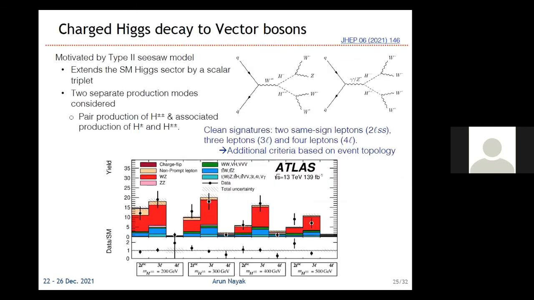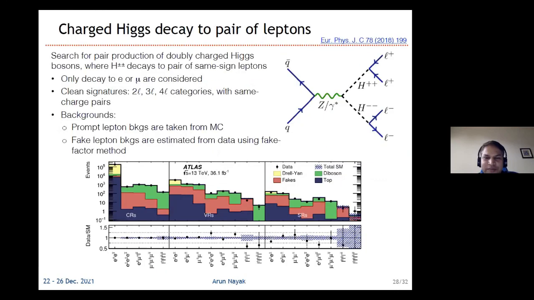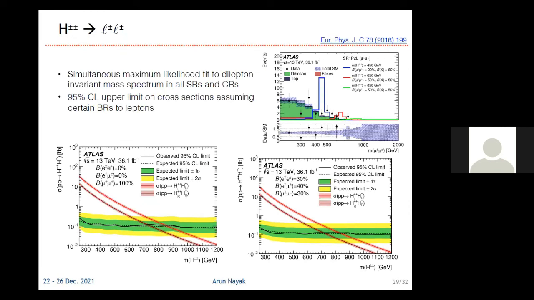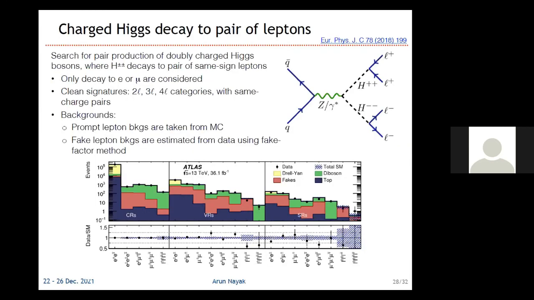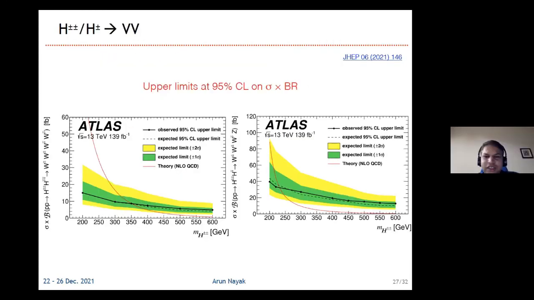I got something wrong in my head. So it was L plus L minus, L plus L plus and L plus L minus that were for the low mass, is it? Because there was this 200 to 500 range that was only for the WW, right? That's what I wanted to say.